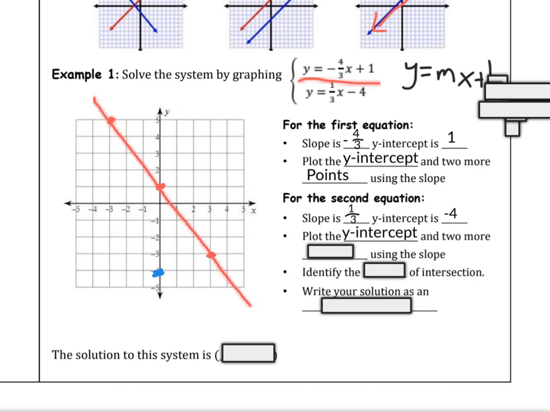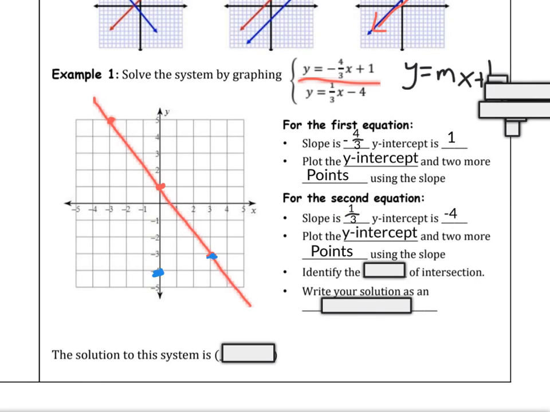And then we want to plot two more points using that slope of 1/3. This is a positive slope, and we can use those triangles like we did before. So starting here, I'm going to go up 1 and over 1, 2, 3. It looks like it's going to match with this point right here.